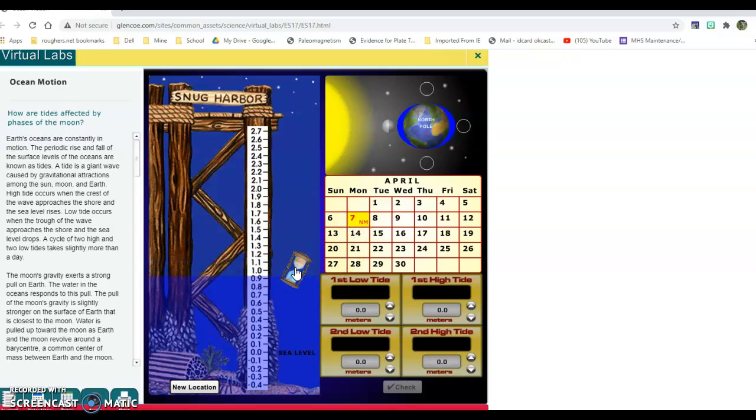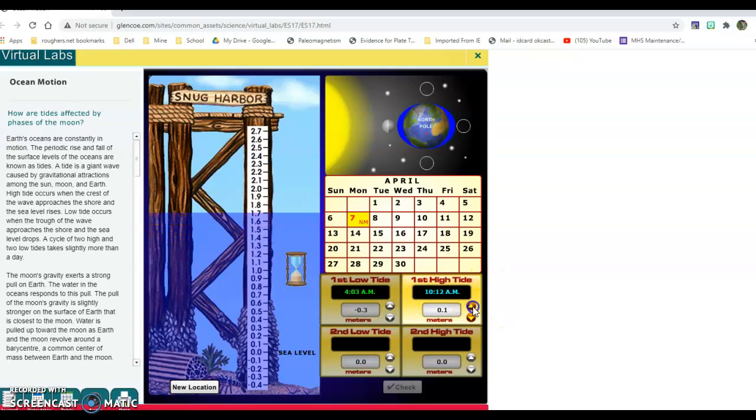I'm rotating it. Alright, so it looks like it's at a -3. -1.7. -1.